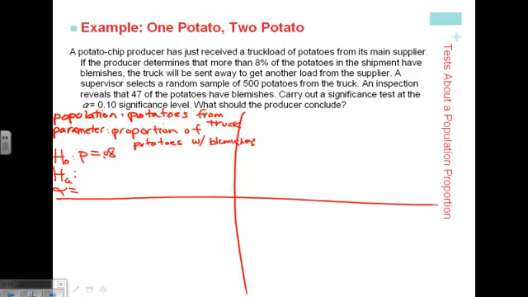What is HA? We're going to reject the potato chips if the proportion is shown to be bigger than 0.08. Alpha is 0.05? No, not in this case. 0.1. They specified a different alpha here.